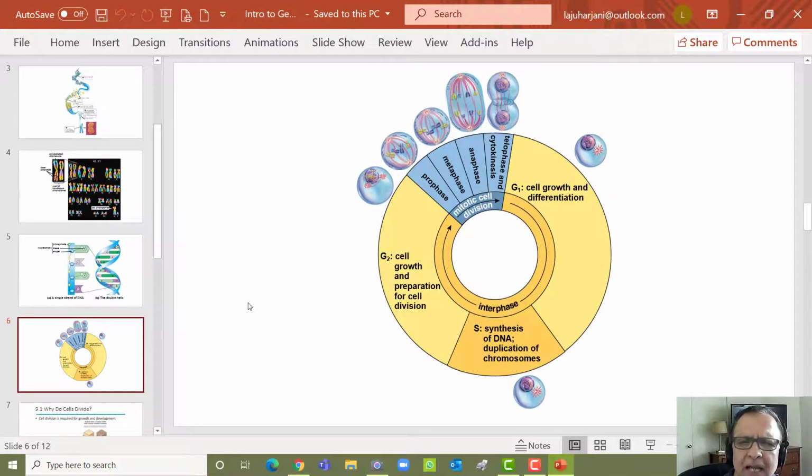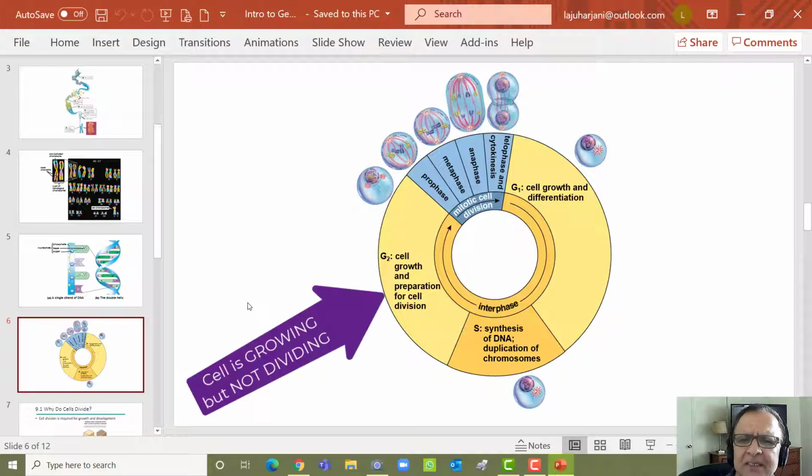So let's take a look at what a complete cell goes through in its life. Every cell in your body, trillions of cells in your body, they go through a whole series of changes or phases or stages, and those are known as the cell cycle collectively. So collectively, the cell cycle consists of a phase known as interphase, which is all in yellow, and then you have the blue one, during which the cells are actually dividing.